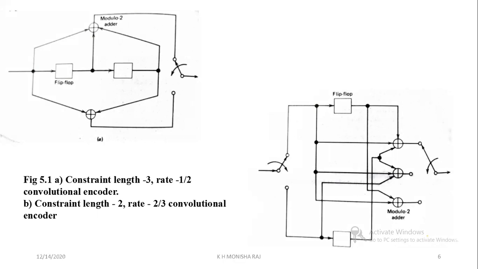In this example, small k equal to 2, n equal to 3, and the two shift registers have constraint length capital K equal to 2 each. By using these values, the code rate is calculated as 2/3. In this example, the encoder processes the incoming message sequence 2 bits at a time.